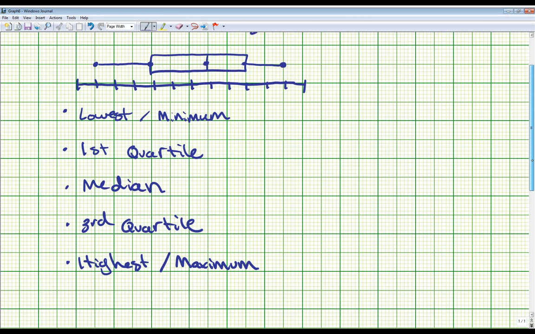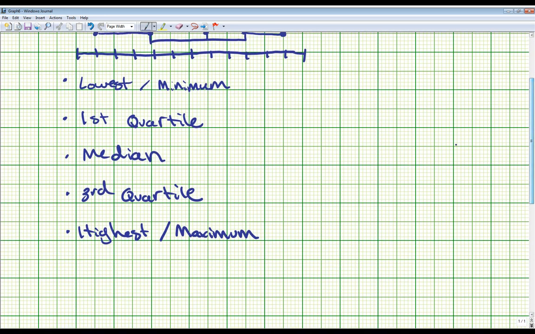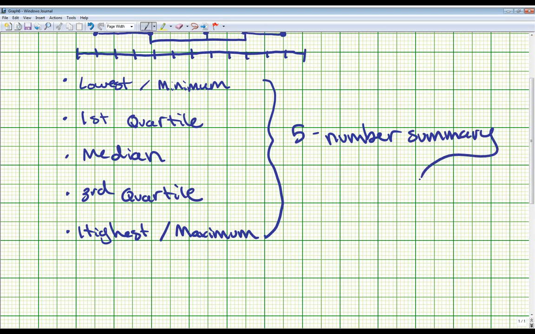So that is what we're going to do next. All of these numbers, by the way, these 5 special numbers, 1, 2, 3, 4, 5, we call those the 5 number summary. So if a question ever asks you to find the 5 number summary, those are the special 5 that you are going to find.